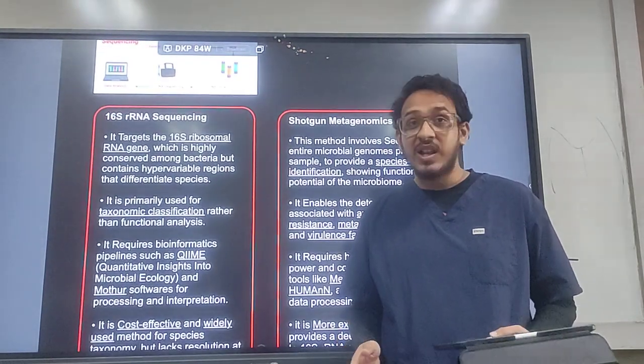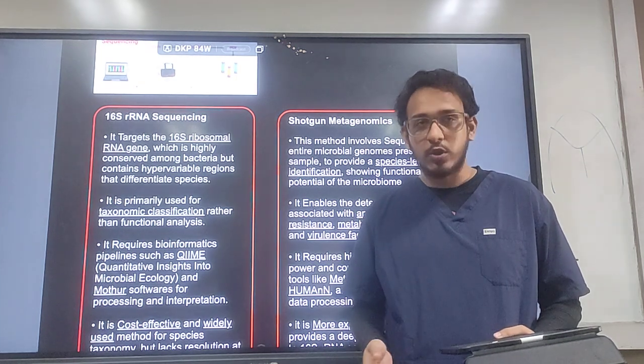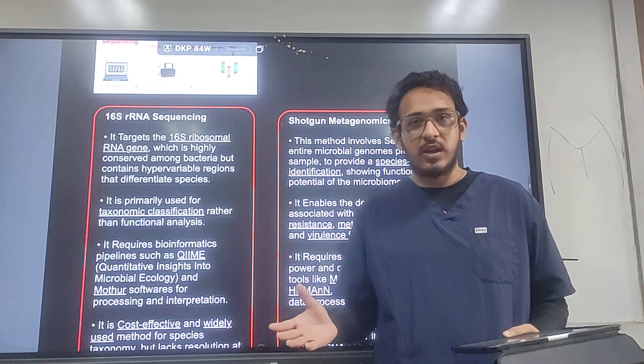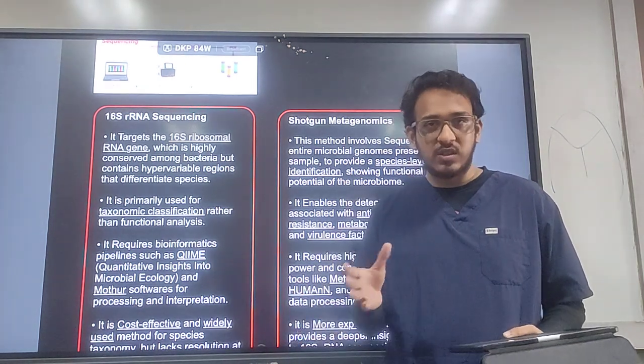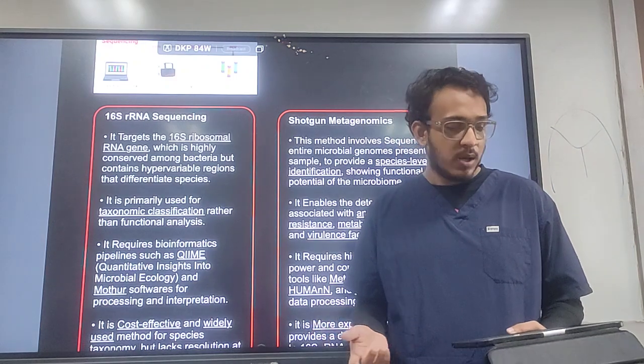It primarily targets the 16S ribosomal RNA gene, which is highly specific among the bacteria. Each bacteria has its own kind of 16S rRNA.